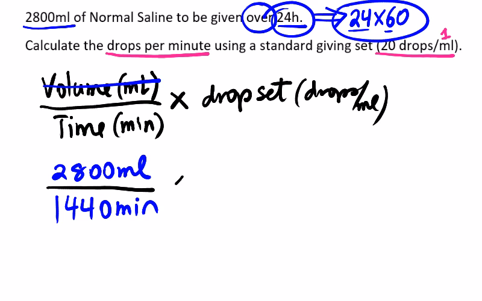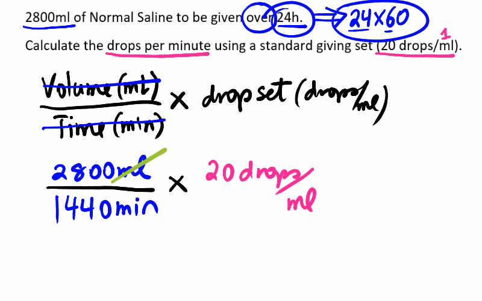Carrying on here with the formula, so we have already entered the volume and the time. Now we need to multiply by the drop set, which is just whatever it is, 20 drops per mil. So what happens here now? We could even do some cancellation, but a special one that I think is worth looking and seeing is milliliters on the top cancels out with milliliters on the bottom, and look at what's left in terms of units.